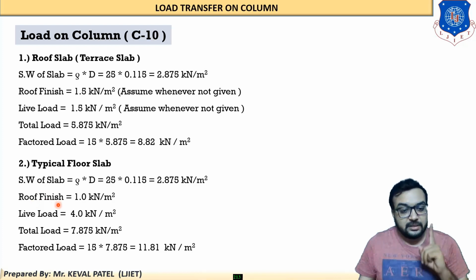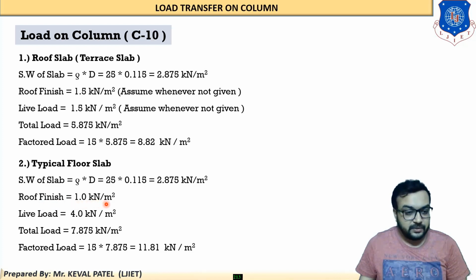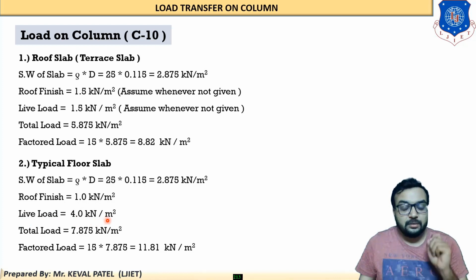It is given in the question that on a typical floor the floor finish is 1 kilonewton per meter square and live load is equal to 4 kilonewton per meter square. So students, after completing all this calculation, our total load is 7.875 kilonewton per meter square and our factor is 1.5.